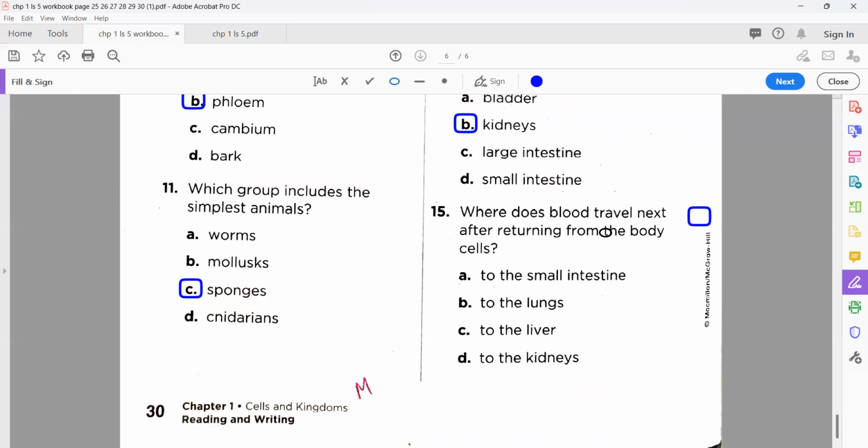The oxygen and nutrients that cells need move through blood and the cells absorb this oxygen. After that, the blood needs oxygen again, so it goes towards the lungs. Because first it is deoxygenated, now it wants to become oxygenated, so it goes back towards the lungs to get oxygen. Thank you very much.